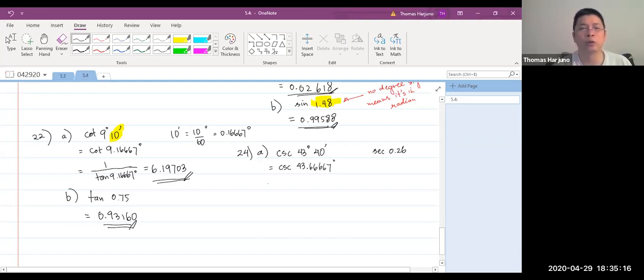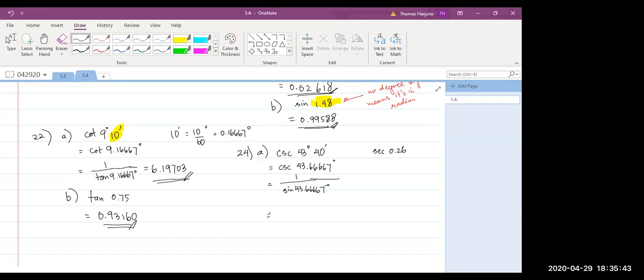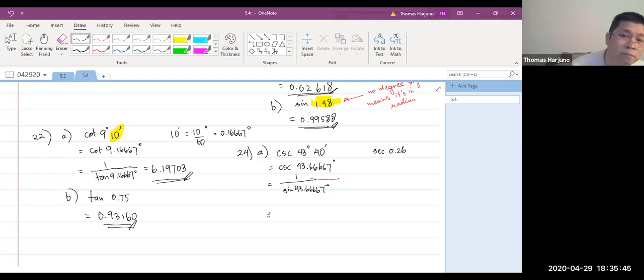And then this will be 1 over sine of 43.66667 degrees. And then I use my calculator. You can do 1 over sine 43.66667. Oh, I'm in the wrong mode. Sorry, I was in the wrong mode.